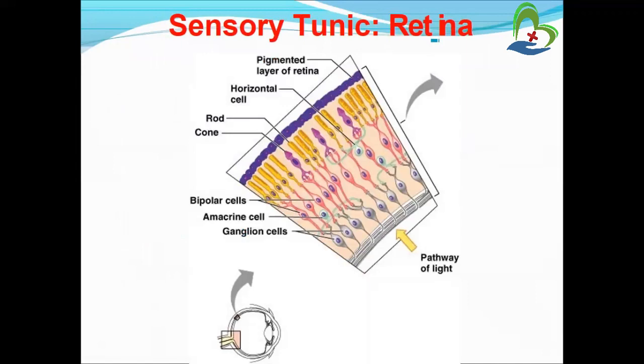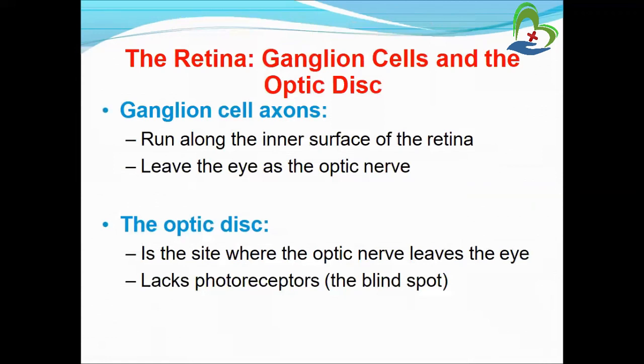The ganglion cells run on the inner surface of the retina and leave our eye as the optic nerve. Second is the optic disc, the site where the optic nerve leaves the eye.